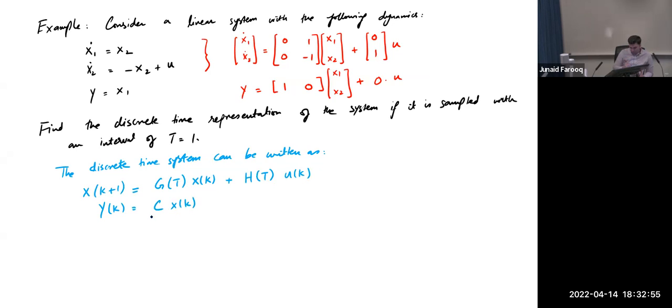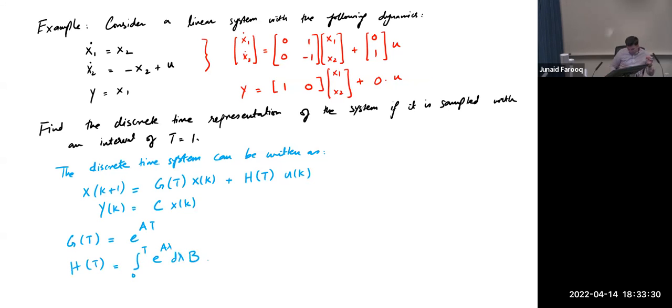All right, so C at least stays the same here. And our results show that G of T by definition was e to the power A capital T, and H of T was the integral from 0 to capital T of e to the power A lambda d lambda times B.